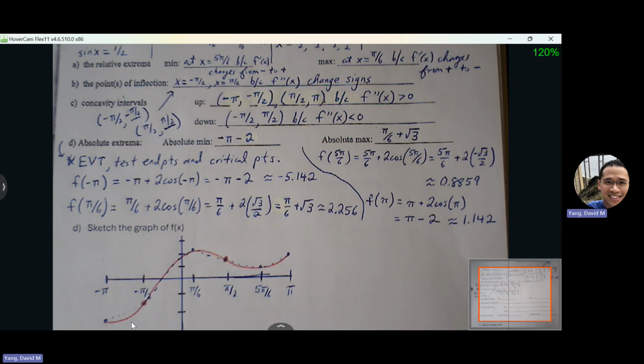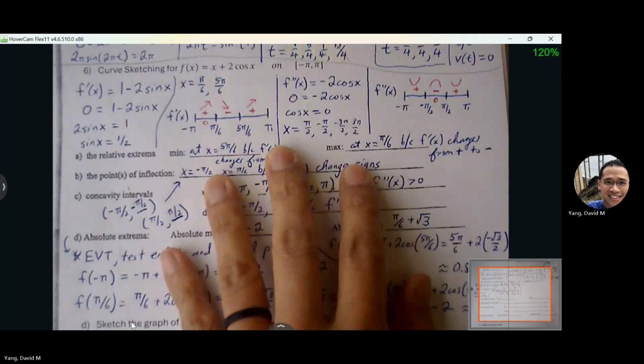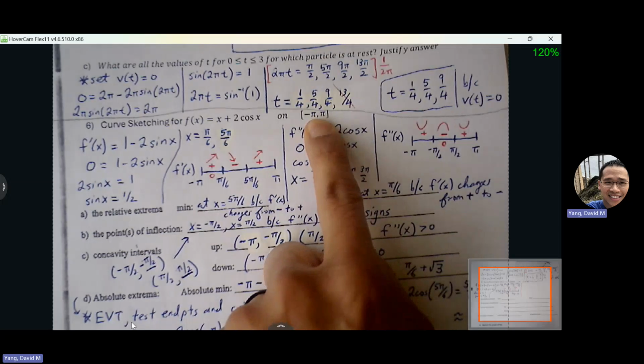Mr. Yang, why are we testing negative pi for the E? Say it again? Why are we testing negative pi? Oh, because EBT says test endpoints and critical points. So endpoints are from negative pi to pi, so endpoints are provided here.